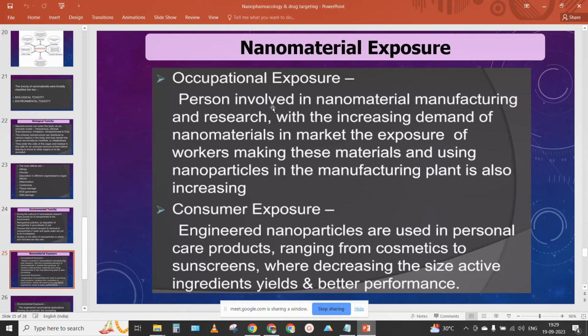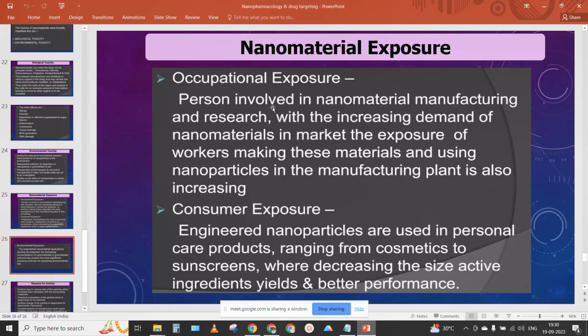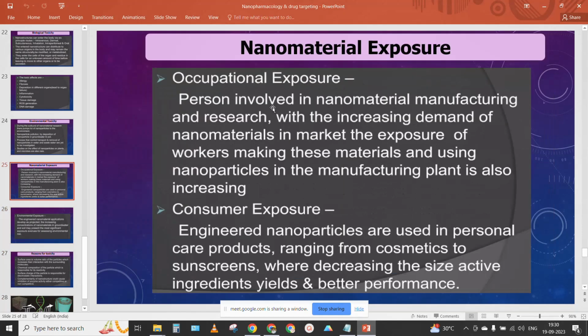The engineered nanoparticles are used in personal care products ranging from cosmetics to sunscreens. Nowadays, nanomaterials are used in cosmetics and sunscreens a lot. So that is a very big reason where cytotoxicity can be caused. This is the major reason for cosmetics and sunscreens, while decreasing the size, active ingredients, yields, and better performance. So these are some factors for the nanotoxicity.